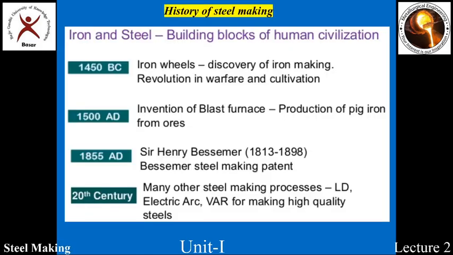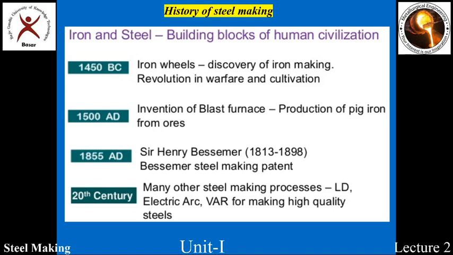Let me start with the history of the steel making process. As we know, iron and steel are assumed to be the building blocks of entire human civilization. If you see, in 1450 BC, iron wheels were discovered, revolutionizing warfare and cultivation.